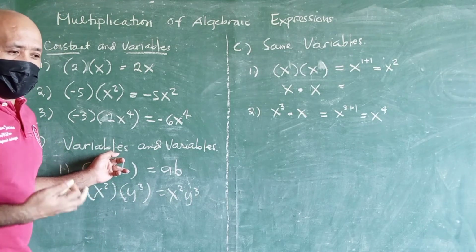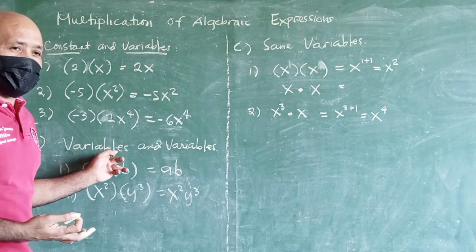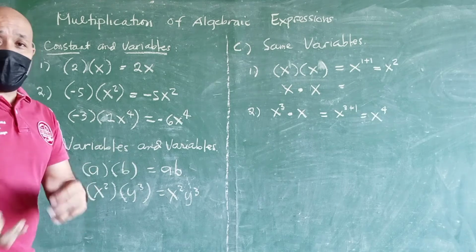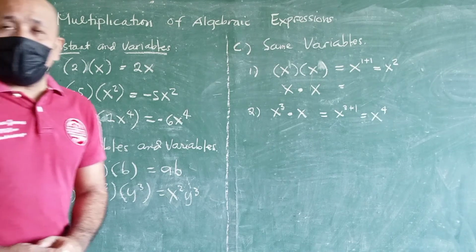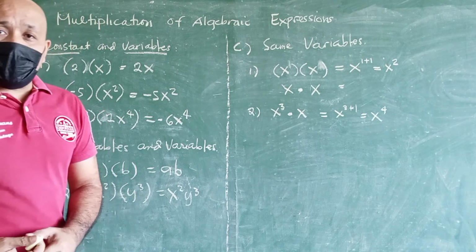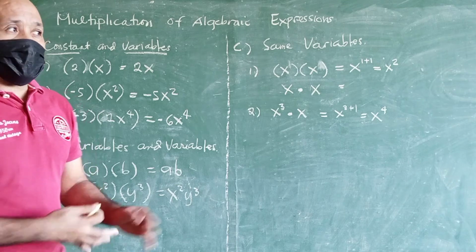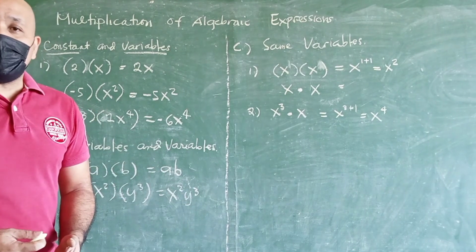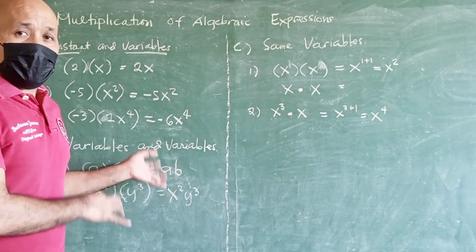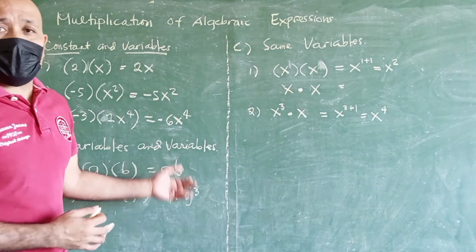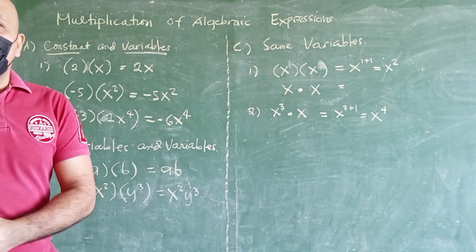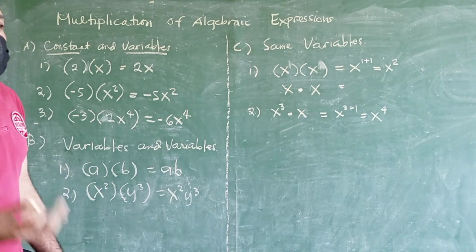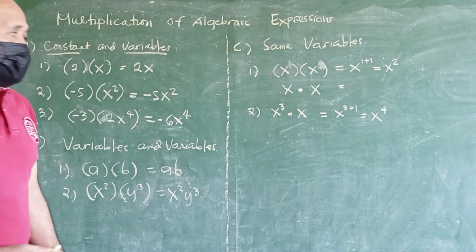Since supposedly this is a review lesson, I am not supposed to include this one, but for the sake of some mathematics lovers who were able to skip this part of the discussion because of the pandemic years, this is for you. This is your chance to learn the basic part of multiplying algebraic expressions.